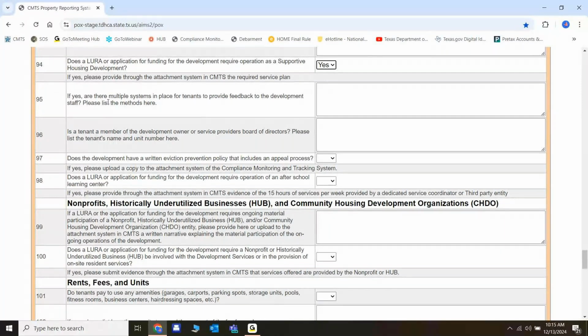Are there multiple systems in place for tenants to provide feedback to the development staff? It lists your methods. Okay, so we have a monthly resident town hall. We have a resident feedback portal or submission box.